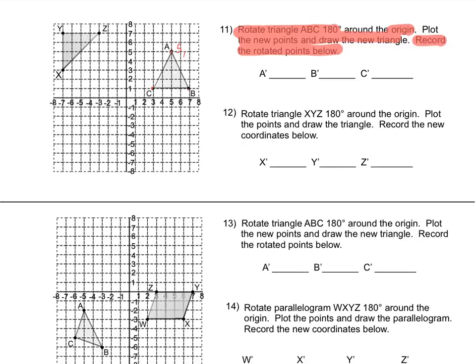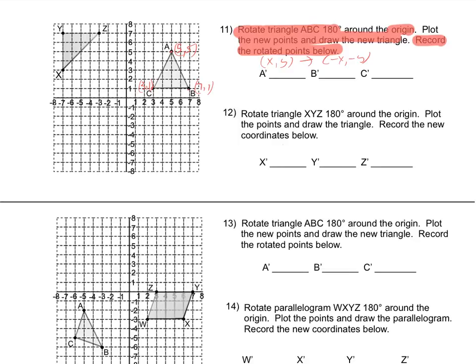So that's 5, 5, that's A, and B is 7, 1, and C is 3, 1. Pause the video and put those down, please, on your paper. And when you're done, resume. Now that you have those points, remember that the rule for changing 180 degrees is that the x changes its sign and the y changes its sign.